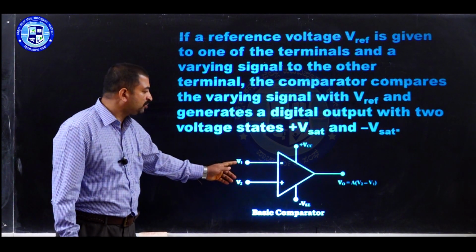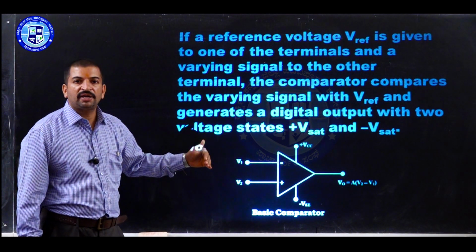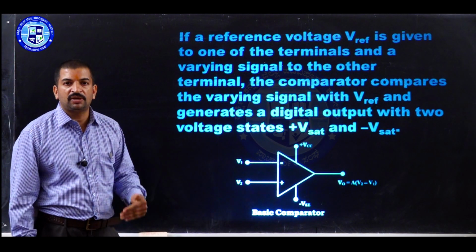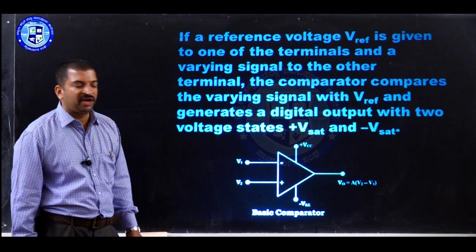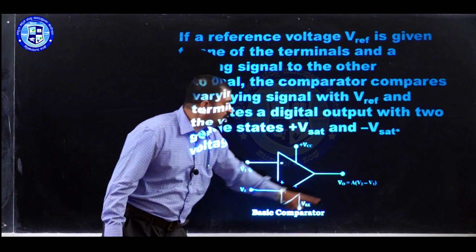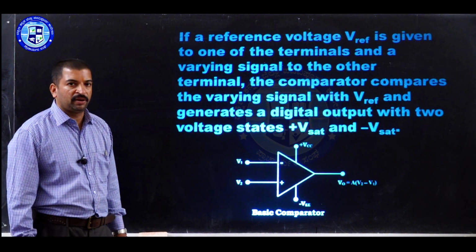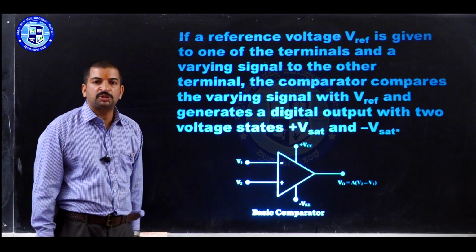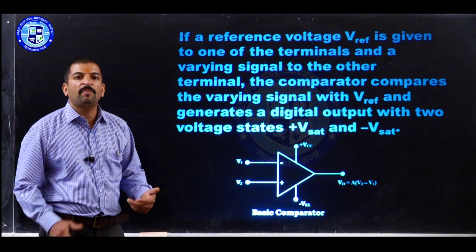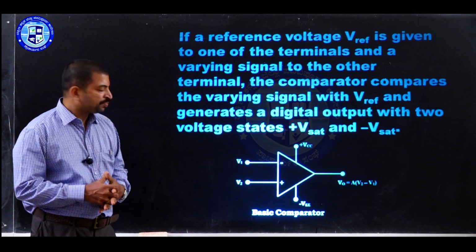It is not at all possible to get very high output voltage, because the voltage gain of the op-amp is infinity. The output voltage of the circuit is given by the formula VO equal to A into V2 minus V1. Since the voltage gain of the op-amp is infinity, op-amp goes into saturation.